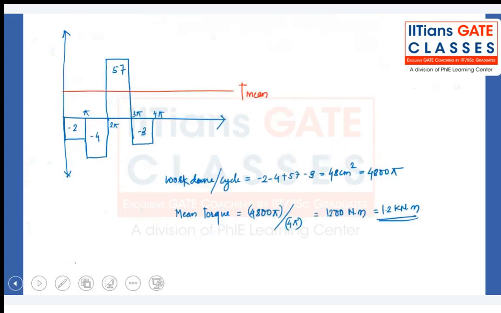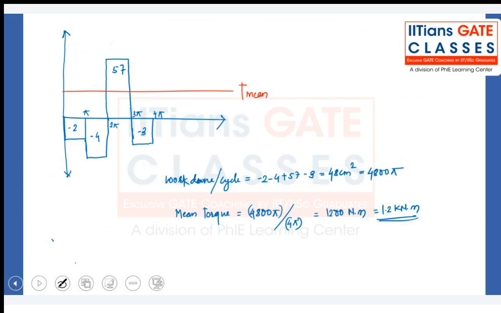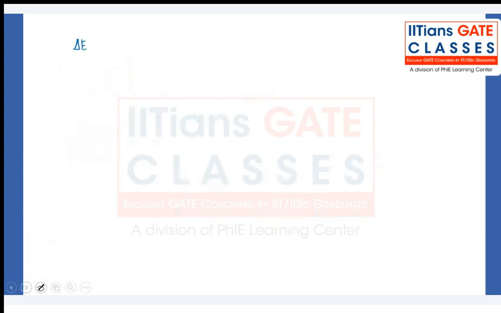So delta E, the fluctuation in the energy, is equal to I omega square CS. I is something which we have to calculate.